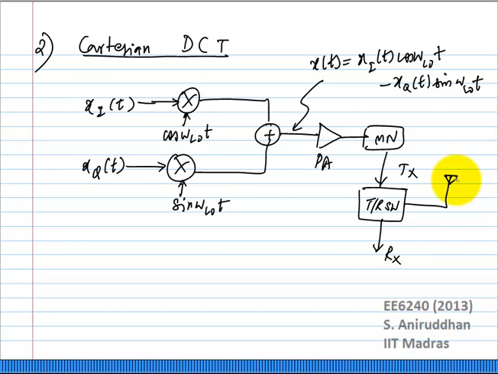What about if you have a frequency division duplex system? In other words, I am transmitting and receiving at the same time, but the TX and RX frequencies are different. What happens then?